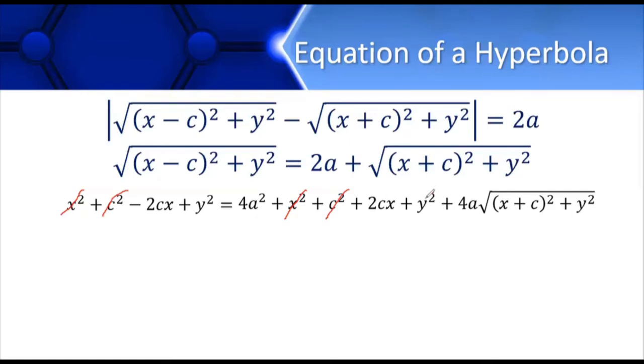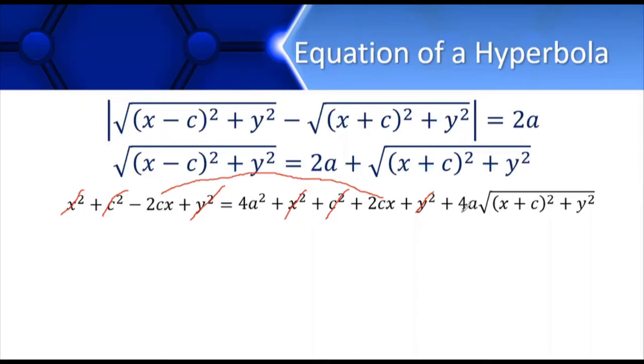Ito, okay. Yung y square, ma-eliminate na rin. Itong dalawa, negative 2cx at positive 2cx, hindi siya ma-eliminate. Pwede natin pagsamahin yan dito sa left hand side. Magiging negative 4cx na sila, di ba?